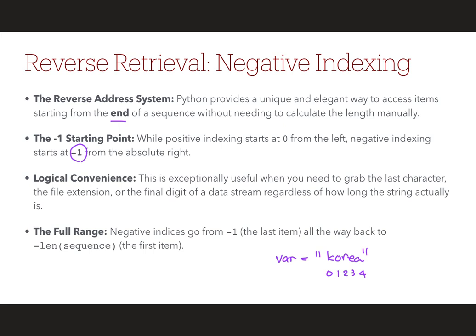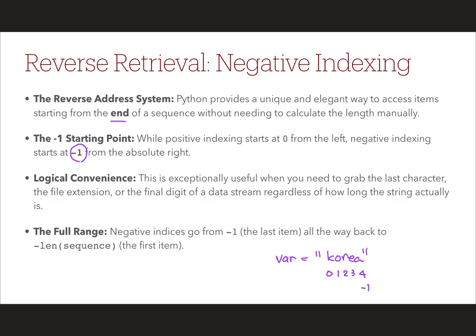This negative index assigns -1 to the end of the sequence. So A has 2 possible index values, 4 and -1. In the case of negative indexing, you assign -1 to the last item, and then you decrease by 1 from the last to the first item.